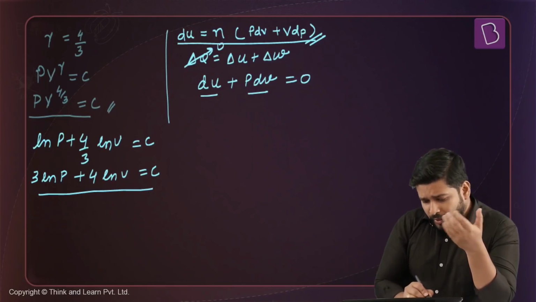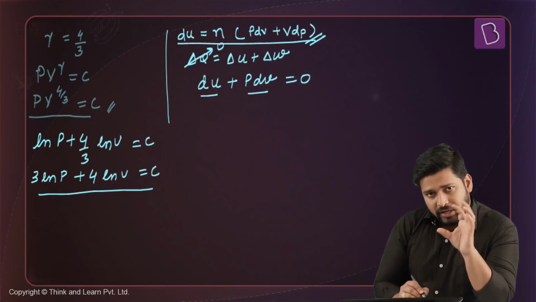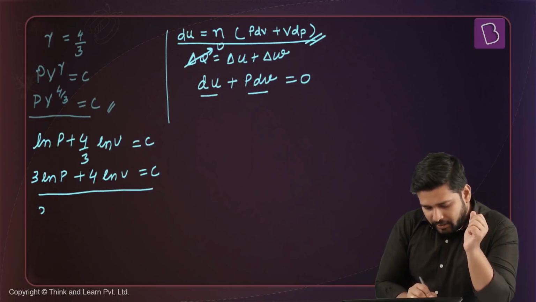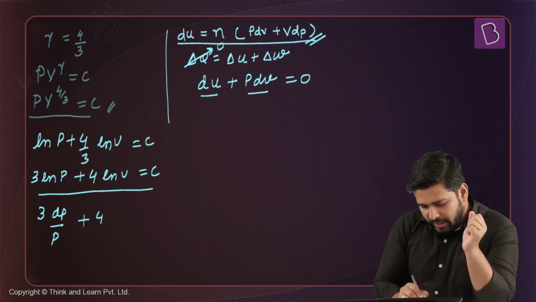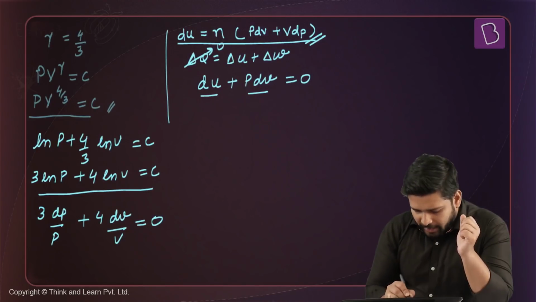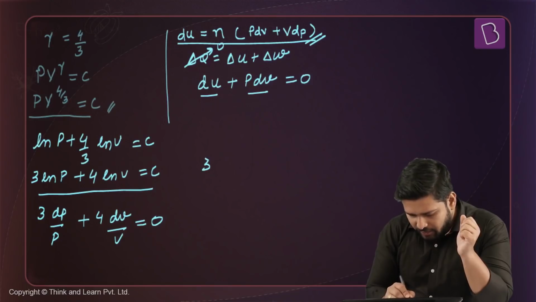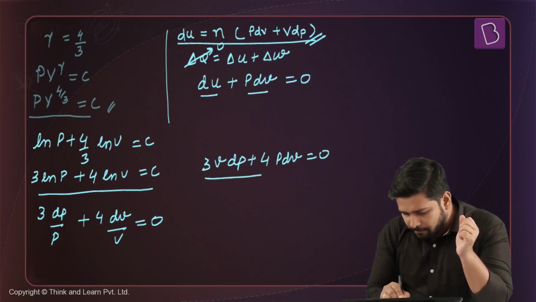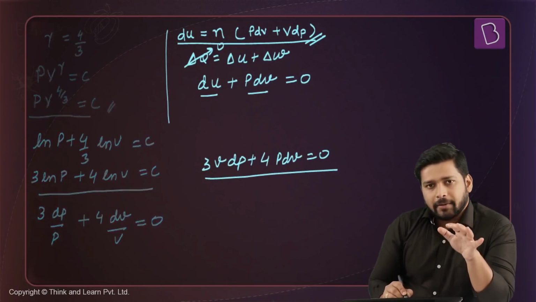So how do I do that? Because I need the terms of PdV and VdP, I differentiate this and get 3 times dP by P plus 4 times dV by V equals 0, right? Now again, if I take an LCM, I end up writing 3V dP plus 4P dV equals 0. This is the expression in differential form.